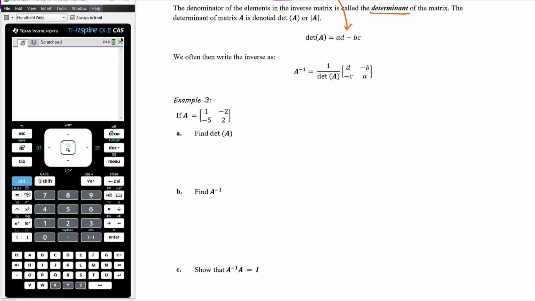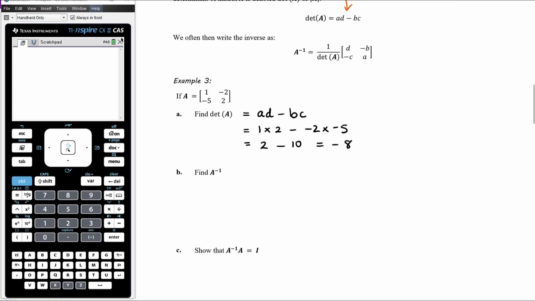First of all, we want to find the determinant of A. Determinant, remembering, is AD minus BC, and in this case, A is 1, D is 2, minus B, which is -2, times C, which is -5. So we have 1 times 2, which is 2, minus -2 times -5, which is 10. So 2 minus 10 is -8.